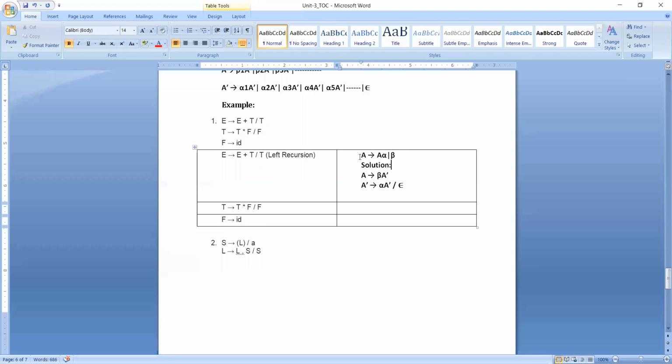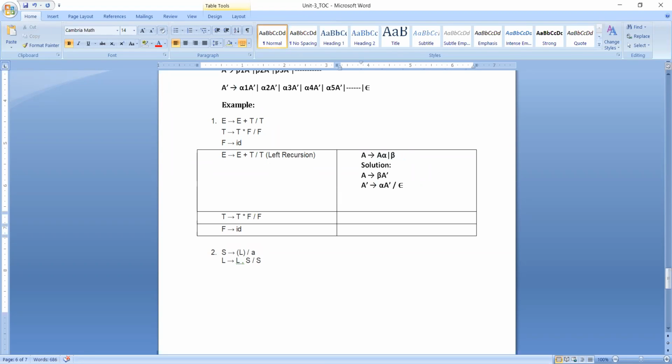Now as per this formula, when you apply it to this production, can you please guess what A might be here? A is equivalent to capital E, and then we have alpha and beta. Now can you guess what alpha is?